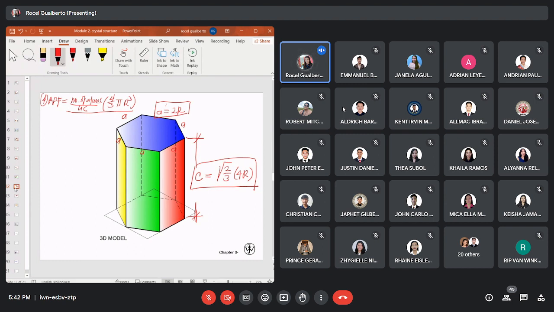But instead, we have to determine the volume of this prism. Okay? So, ano yung volume ng hexagonal prism po na ito? It would be the area of the hexagon multiplied by the height C. Okay? So, kailangan makuha mo muna yung area ng hexagon na to, tapos i-multiply mo siya ng C.